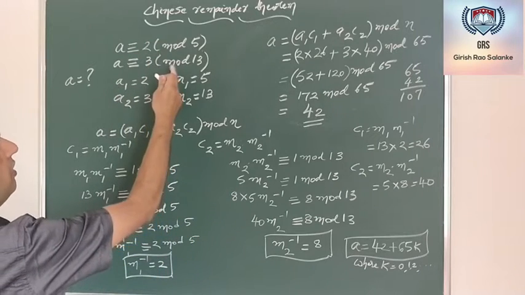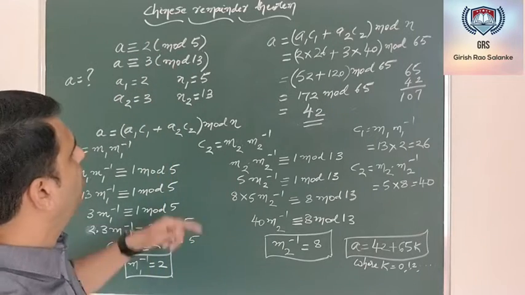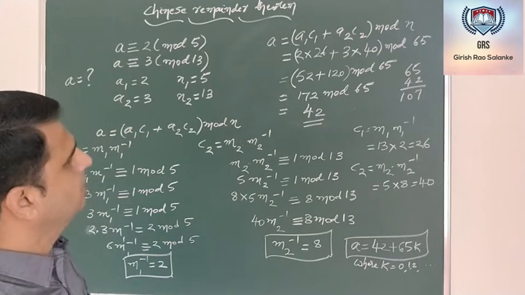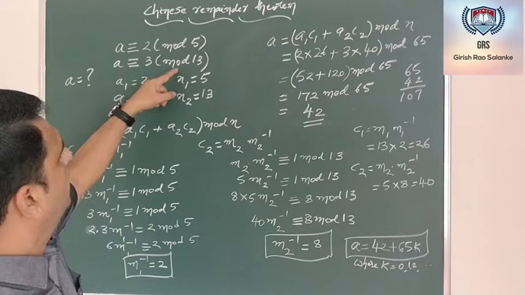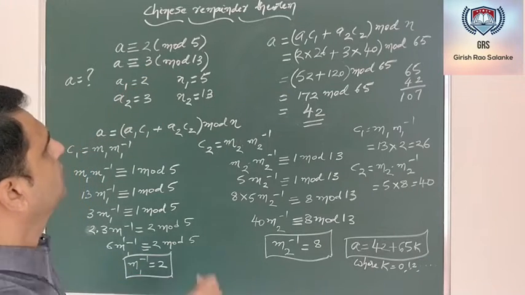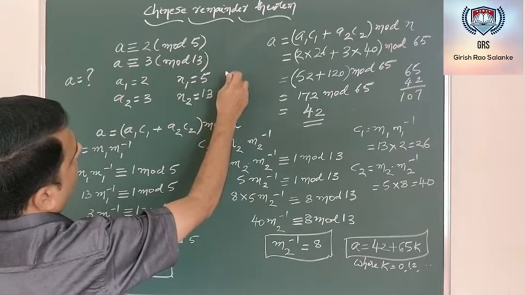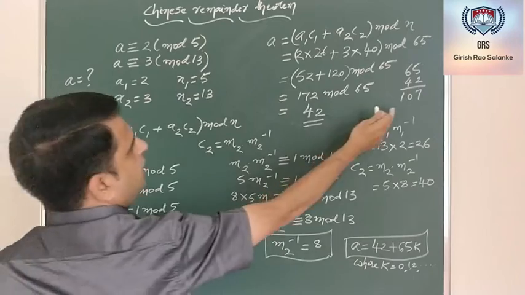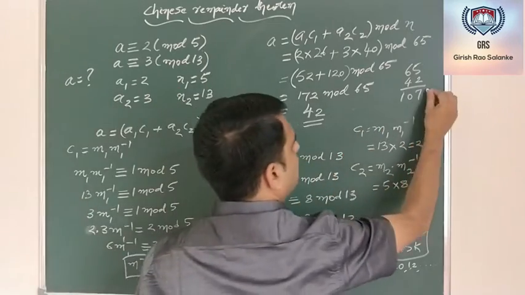Next, 107 mod 13: 13 fives are 65, 78, 91, 104. So 104, the left out is 3. So even this 107 is also correct.